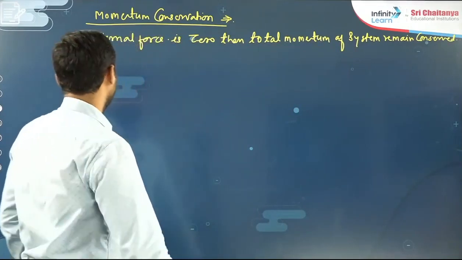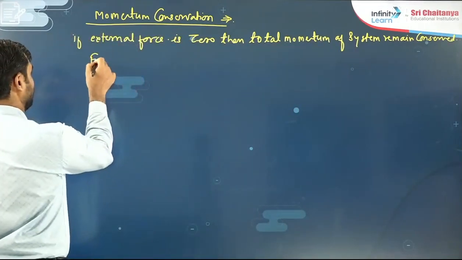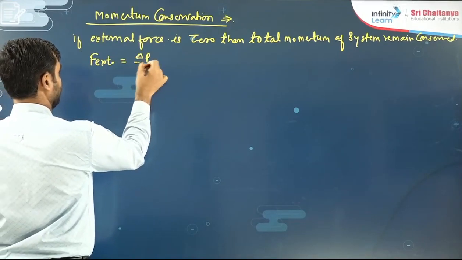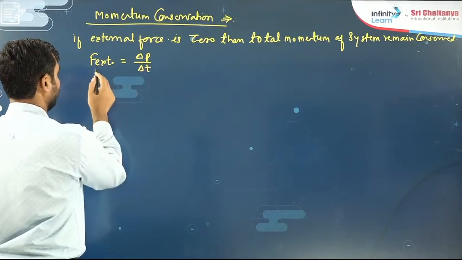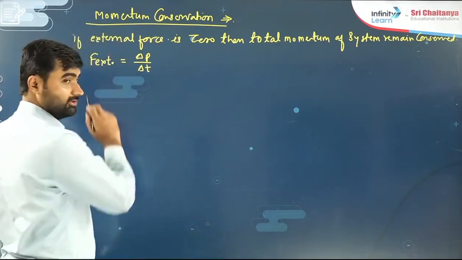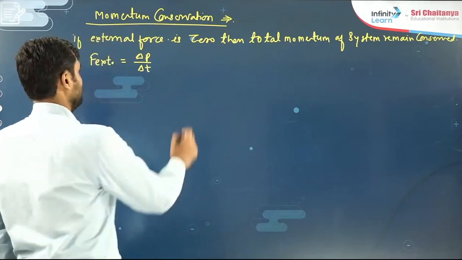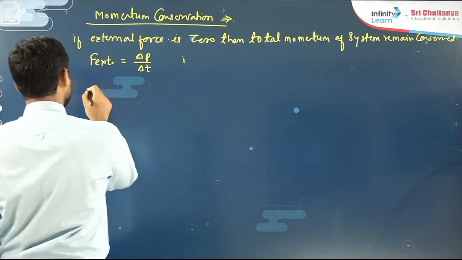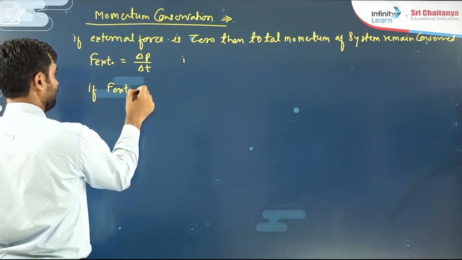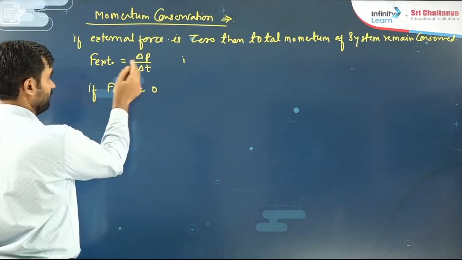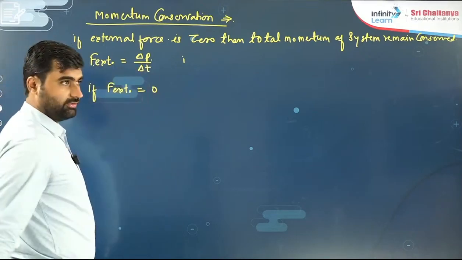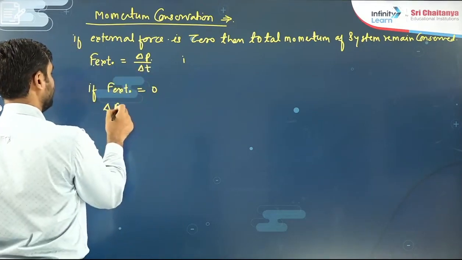Clear? And from where did it come? It came from the second law. F external is delta P by delta T. This is the external force. So if this F external is 0, then this is also 0. So delta P is 0.